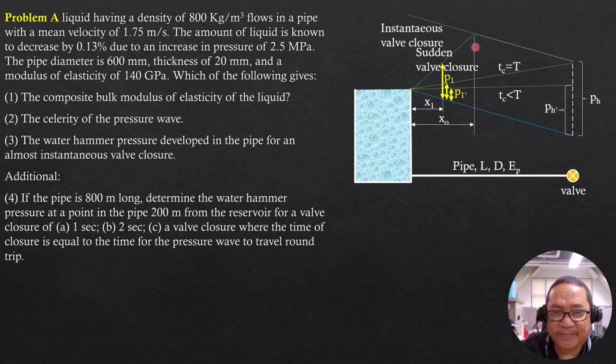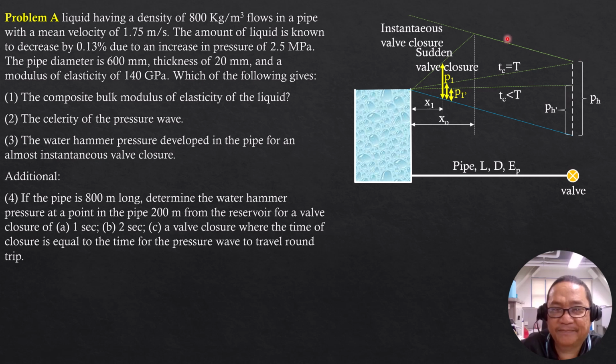The distance of that point where the drop in the water hammer pressure starts is denoted by XO from the reservoir. And this XO is calculated from the fact that the time of closure is T sub C, and it is equal to the round trip distance, 2xo, divided by velocity of the pressure wave, which is the celerity in this problem.